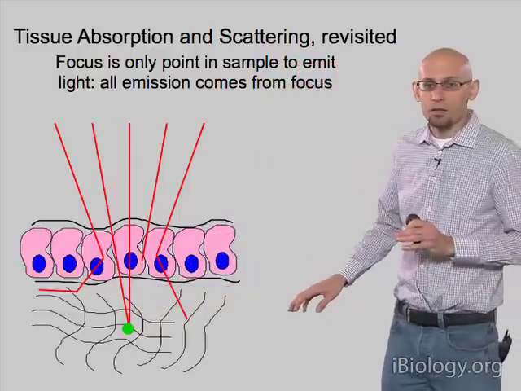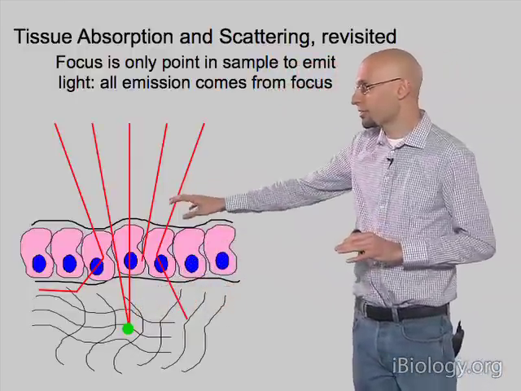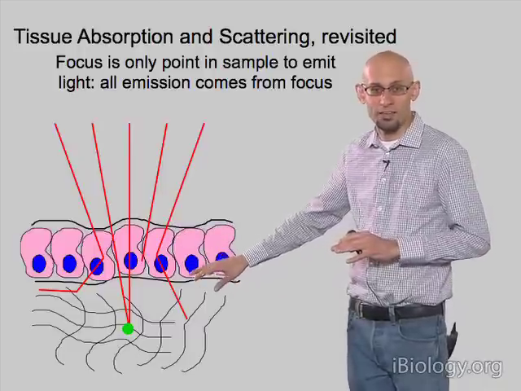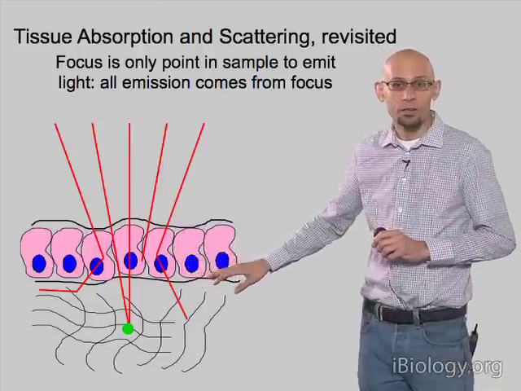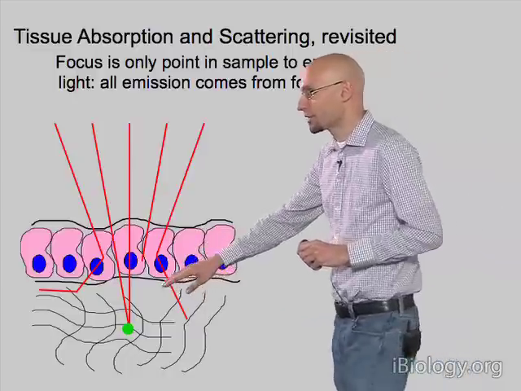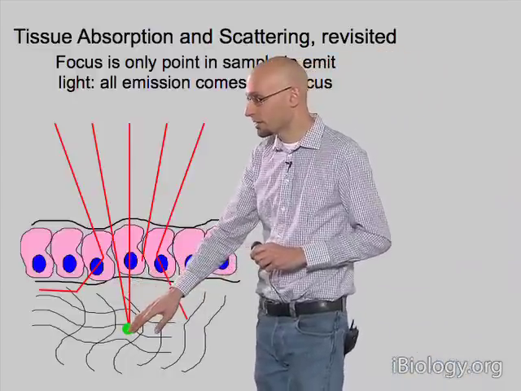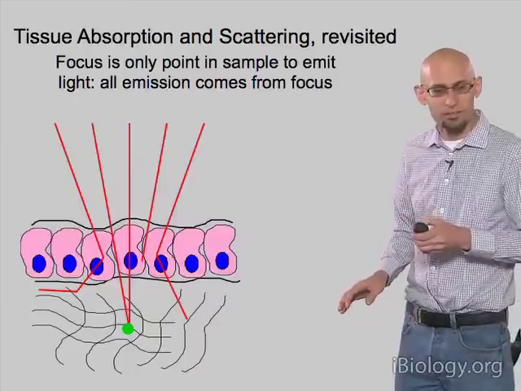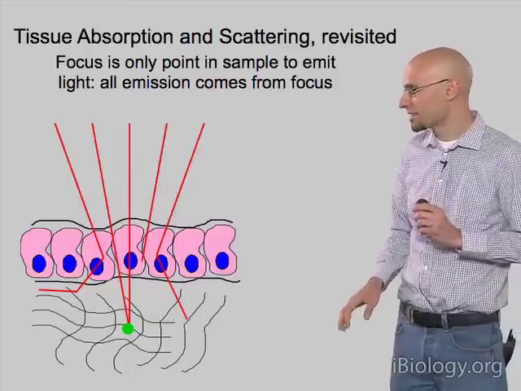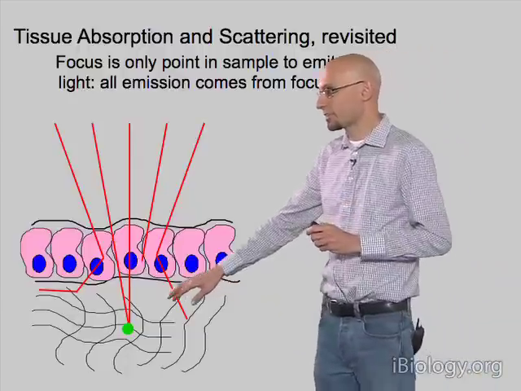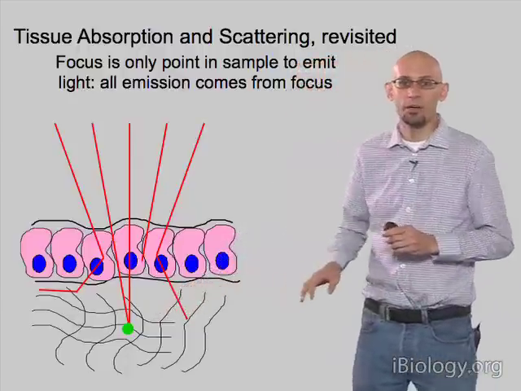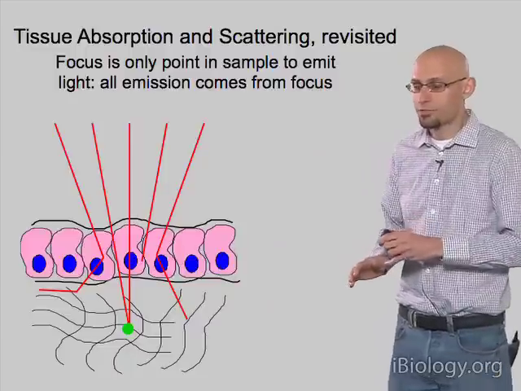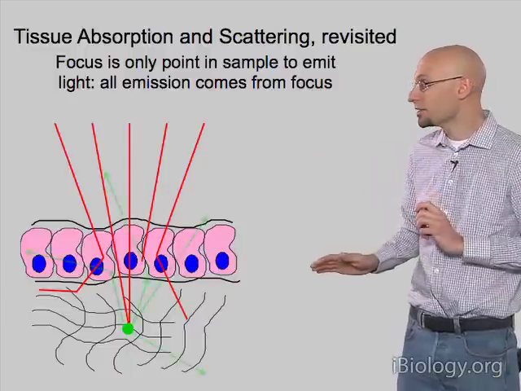And now, unlike our one-photon case where these beams would all be giving rise to excitation of the sample throughout the tissue, we only have excitation at the focus of the beams that do make it to a point. And that means that we know that all the emitted light comes from that focus. So it doesn't really matter now what happens to the light coming from this focus, whether it comes out in straight beams or if it is scattered.